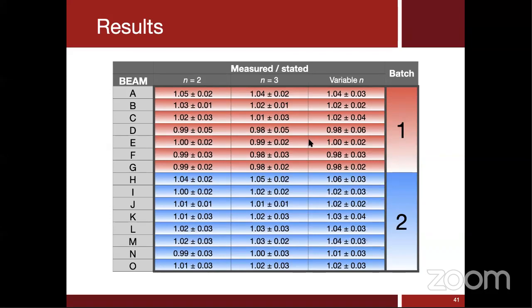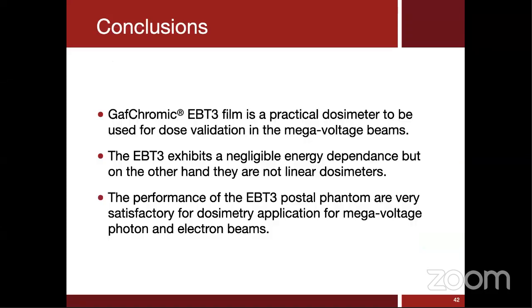So we showed in this project that GafChromic films could be used as postal dosimeters. In conclusion, GafChromic EBT3 film is a practical dosimeter to be used for dose validation in megavoltage beams.